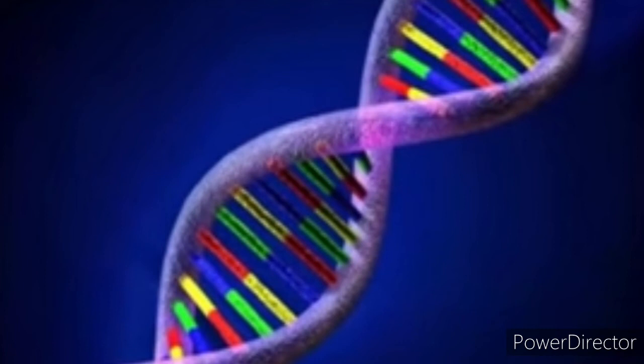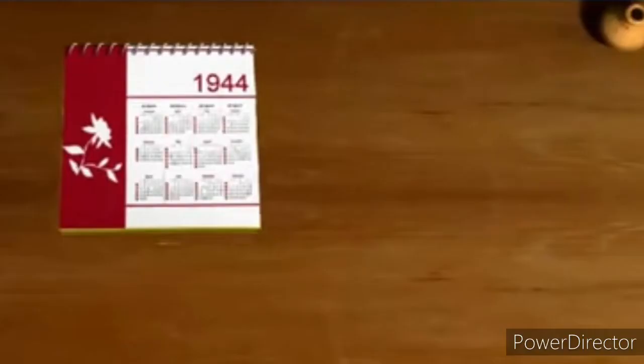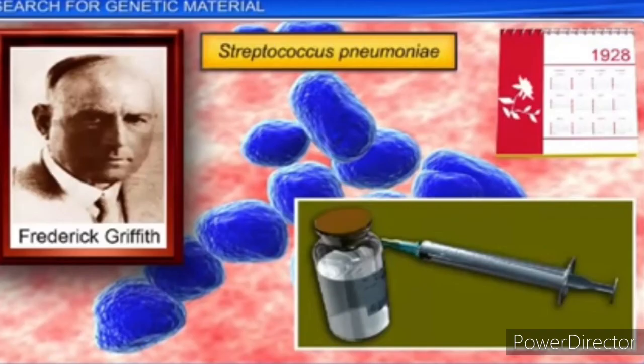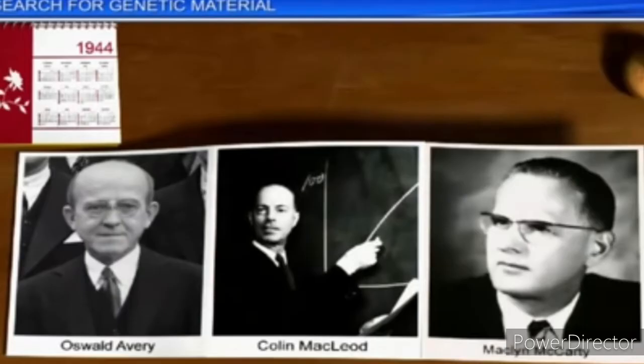So after some years, in 1944, the work of Oswald Avery, Colin MacLeod and Maclyn McCarty, the genetic material was thought to be a protein. They worked to determine the biochemical nature of the transforming principle in Griffith's experiment. See that one, Frederick Griffith, it is 1928, Oswald Avery 1944.